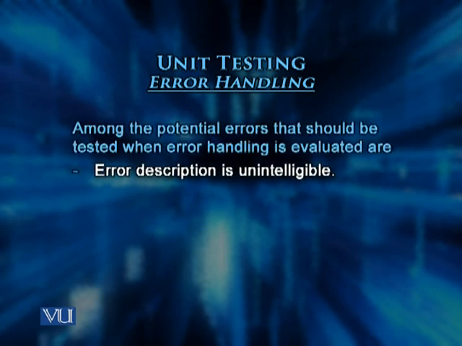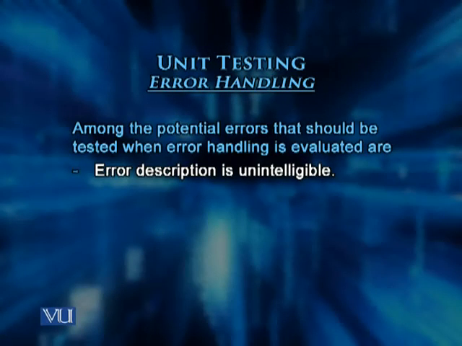Among errors, one of the areas that needs to be tested is error handling paths and how error handling is performed. Sometimes the error description is unintelligible.